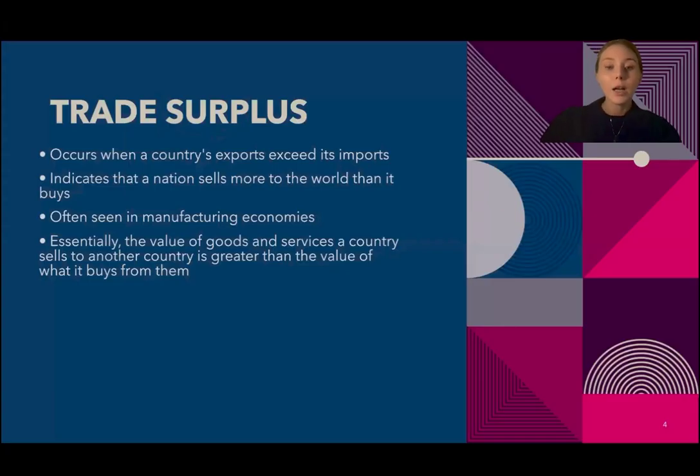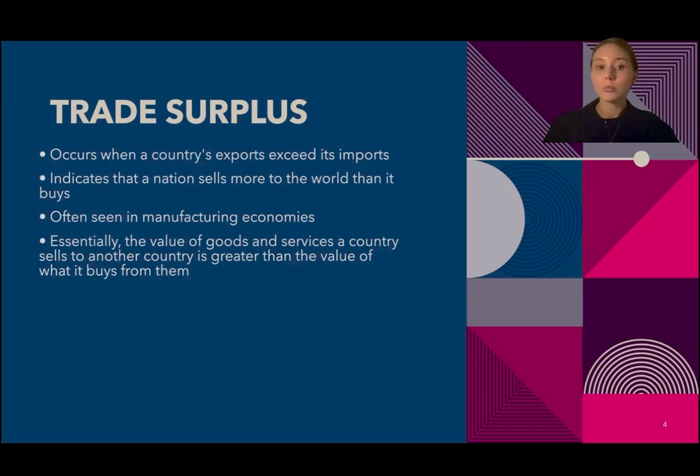Here we have trade surplus. A trade surplus, on the other hand, is the opposite of a trade deficit. This happens when a country exports more than it imports. Countries such as China, Japan, and South Korea usually run surpluses because they sell more than they buy.